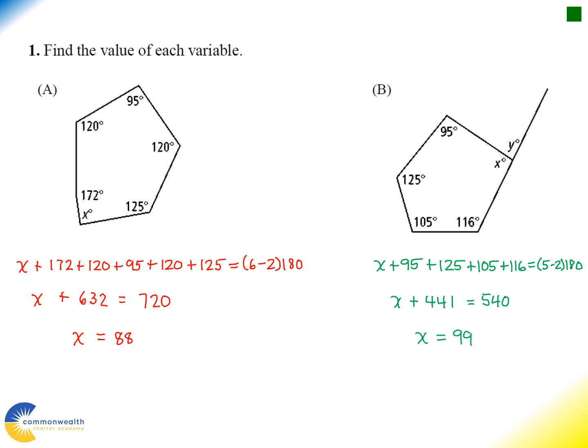If I subtract 441 from both sides to find x, I find that x equals 99. As far as finding angle y goes, x and y are a linear pair, and that goes all the way back to Unit 2. We know that linear pairs are supplementary, so 99 plus y should be 180, and that means y would have to be 81.